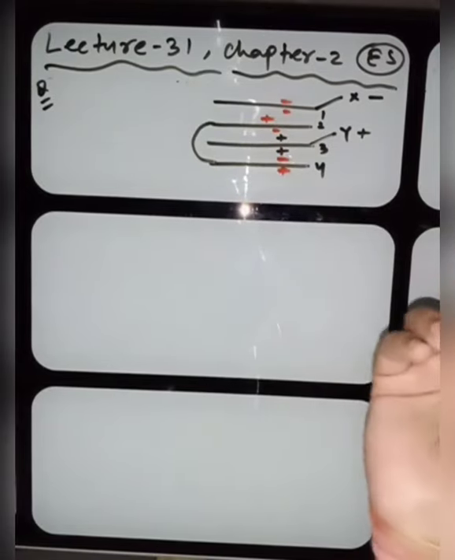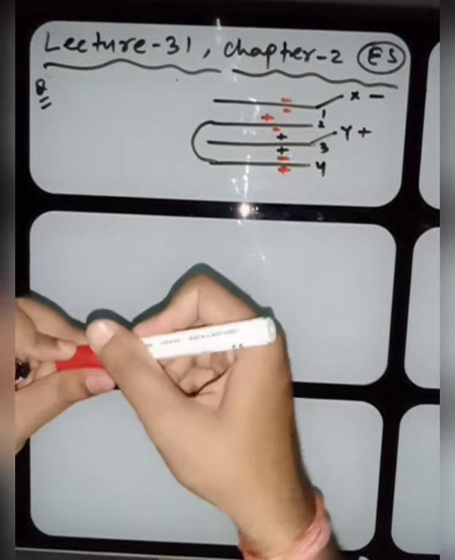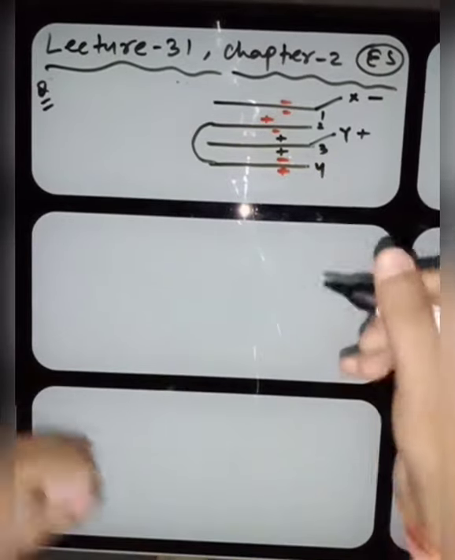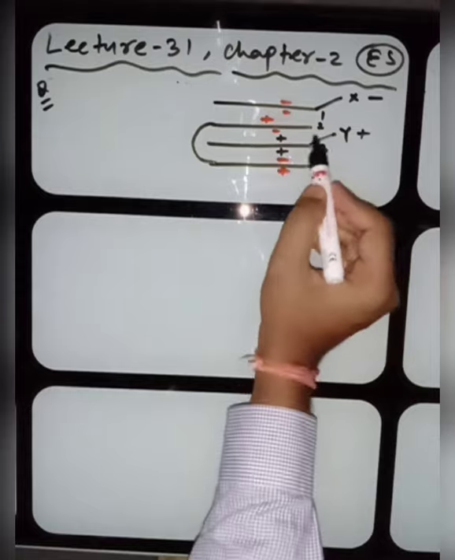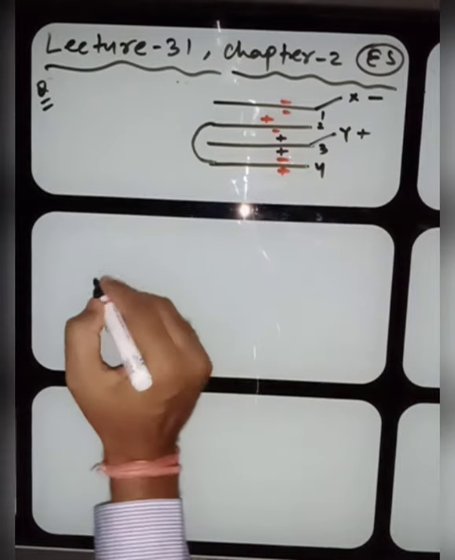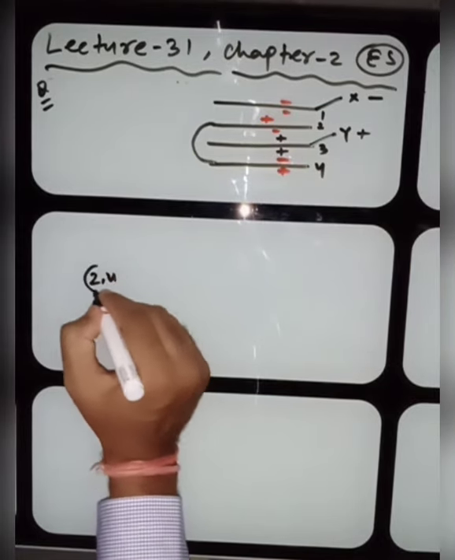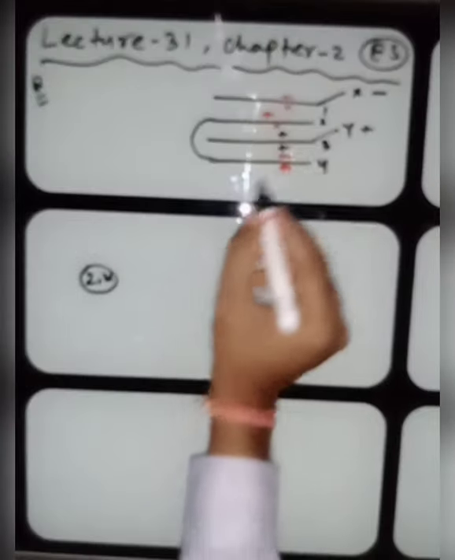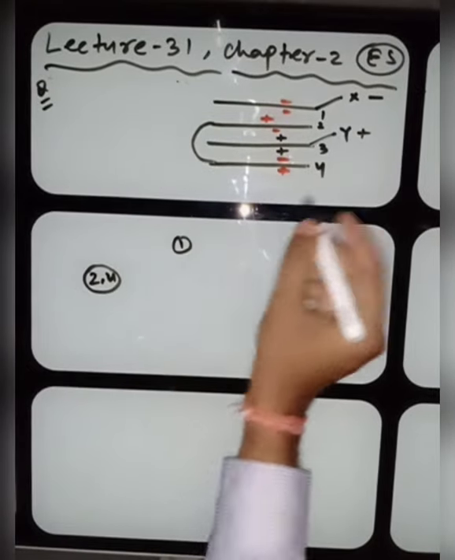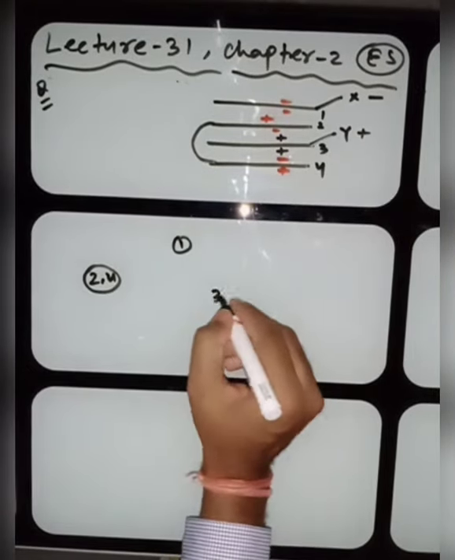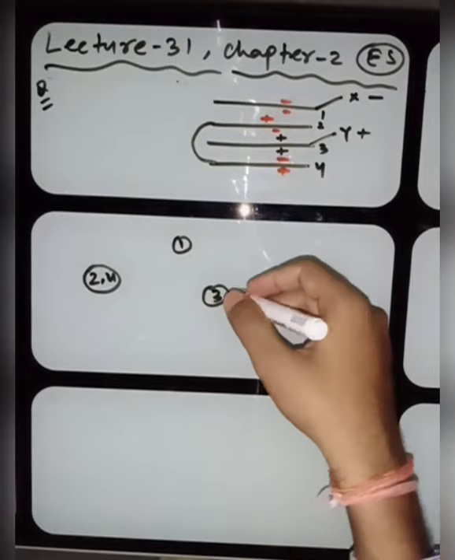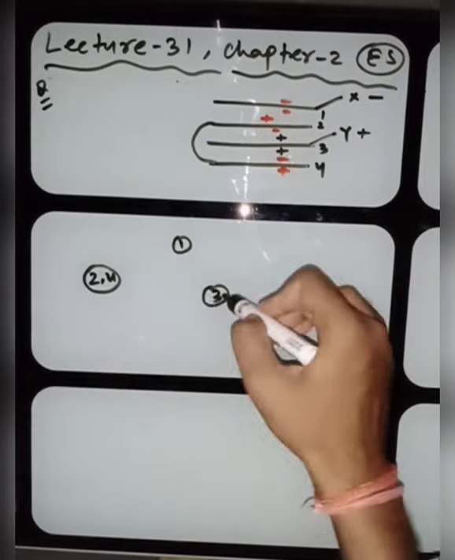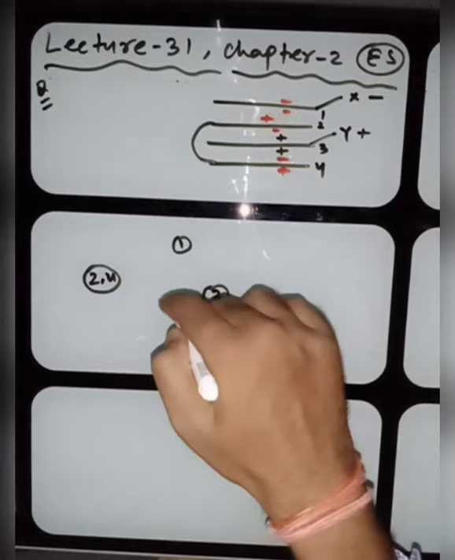Now you have to arrange the points. Point 2 and 4 at one position. Now 1. Now 3. I think it is finished. 1, 2, 3, 4.